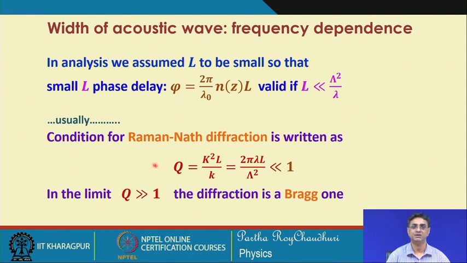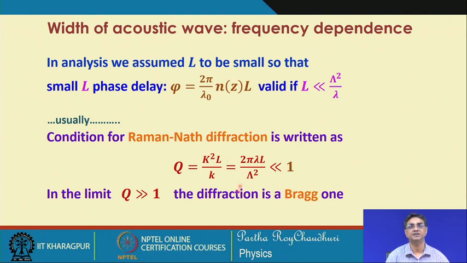And contrary to this fact, if Q is much greater than 1, then you have a volume grating, because the width of the acoustic wave is now much more. So, the light wave which is going through this medium will see a volume grating, will see a large interaction length, and that will result in Bragg diffraction.